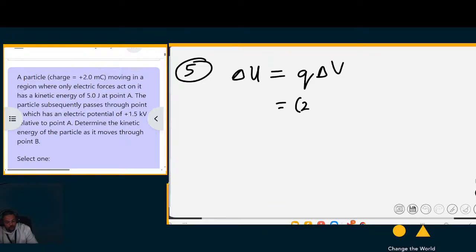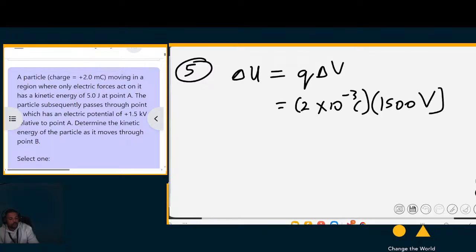This is 2 millicoulomb multiplied by the change in the voltage, which is 1.5 kilovolts, so 1500 volts, relative to point A. So that is the potential difference between these two. So the potential energy is 3 joules. This is the potential energy for this particle moving from point A to point B.